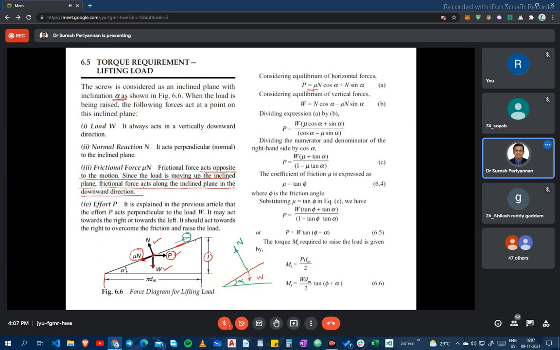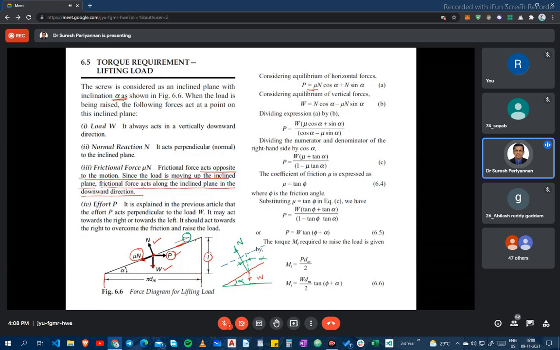Now I am taking the dotted line here. This angle also must be alpha. Now another line, perpendicular to this axis. And another line I am going to draw parallel to this inclined plane.